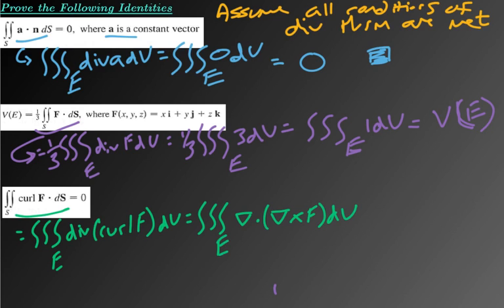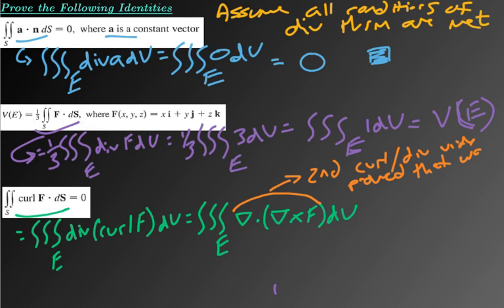And this is something that we actually saw in another video. If you go back to our second curl and divergence video, I basically proved that was 0. And so at that point, I would just utilize that previous problem, and we would get the triple integral over E of 0 dV, which, of course, again, is 0.